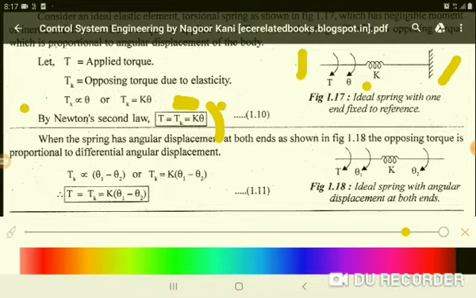Similar cases are applicable when there is displacement at both ends. See, torque is applied to a spring and both the ends are connected.